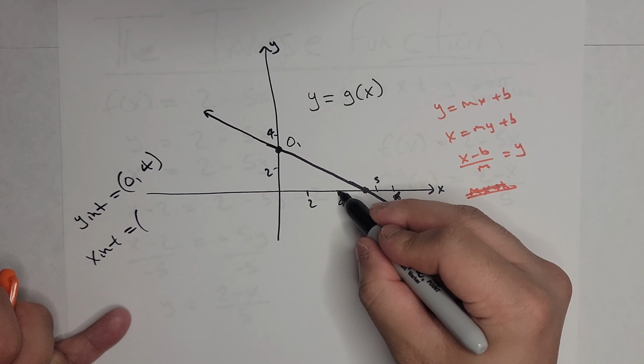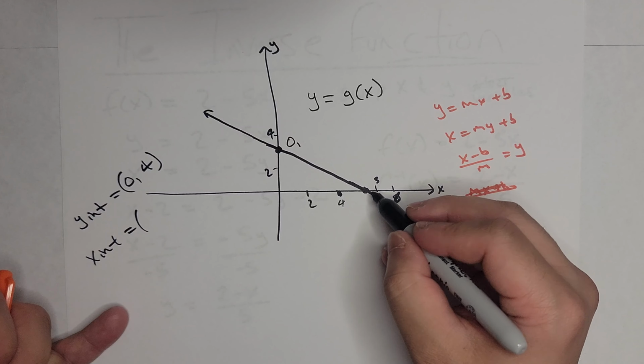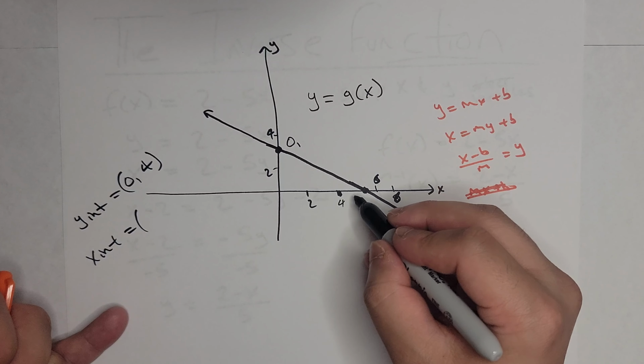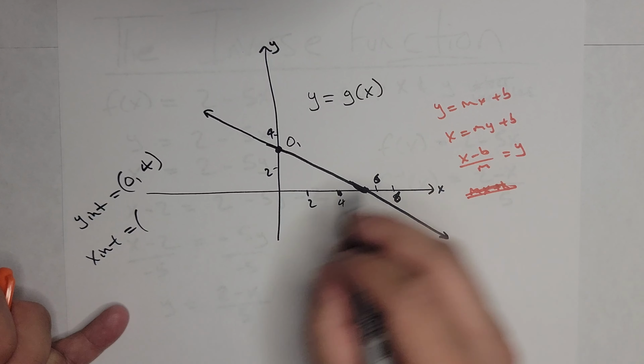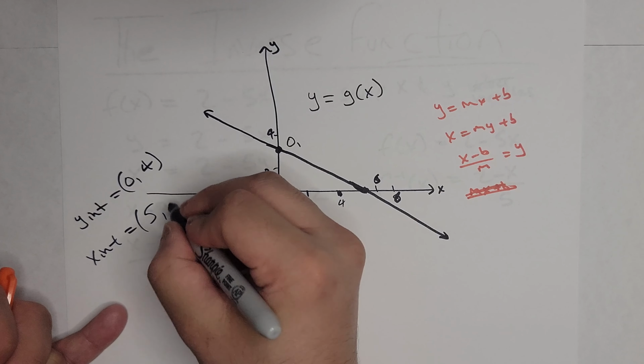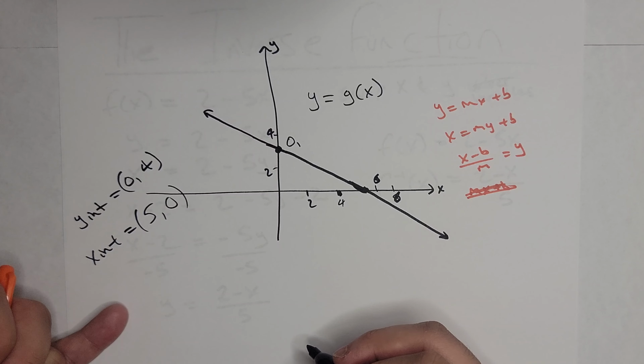I'm a little bit off here, but it's okay. Let's put that as 5. Our x-intercept is 5, comma 0.